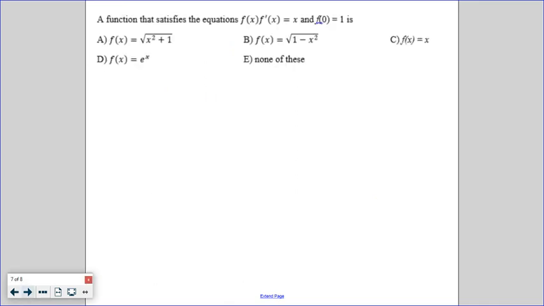All right, next one, a function that satisfies the equation f times f prime of x equals x, and that f of 0 is 1. So looking at this part right here, that the function times its derivative equals x, instead of f and f prime, I wrote that as y and dy/dx.